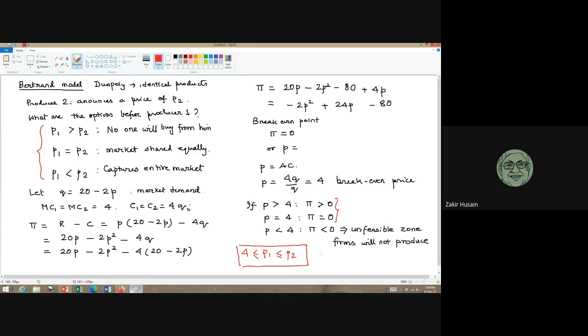This is the condition. He's going to set a price at the most equal to P2, but it cannot fall below 4.